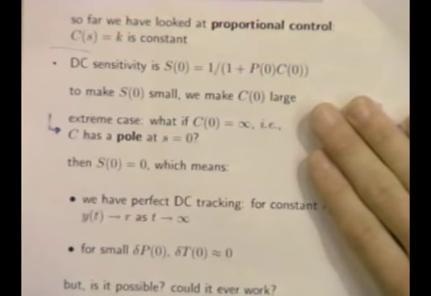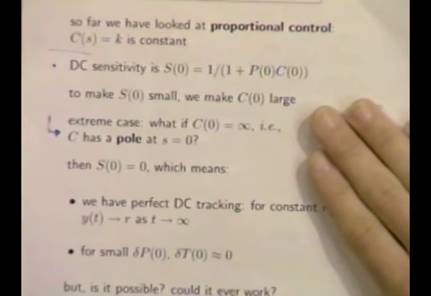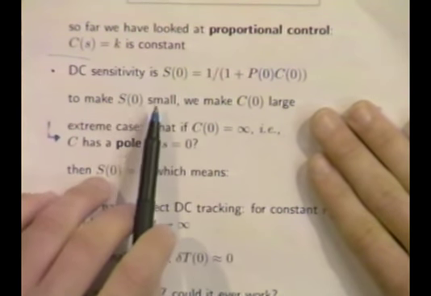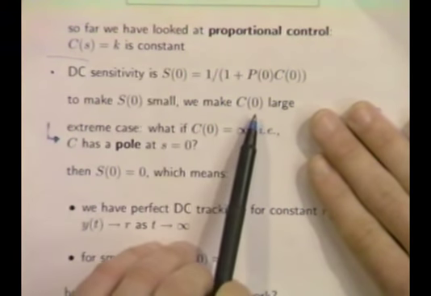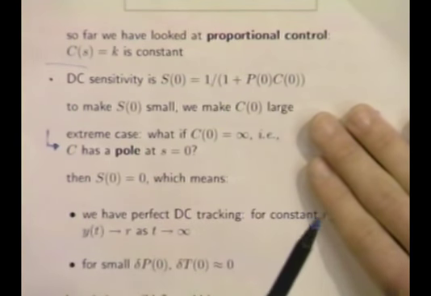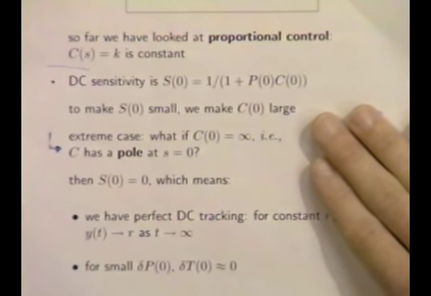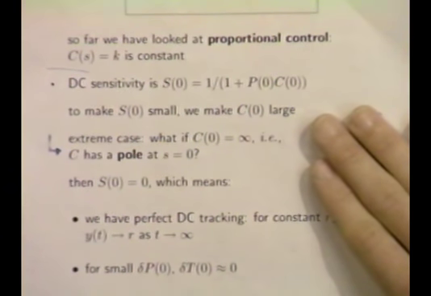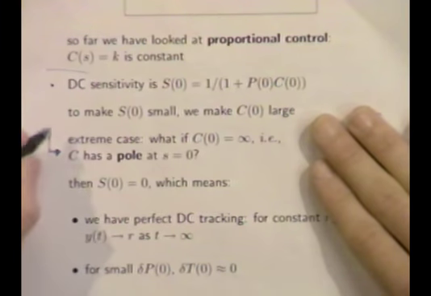So, to make the sensitivity at DC small, of course, what we can do is make the controller gain very large at DC. And how do you make a controller gain be very large at DC? Here's the intuition.